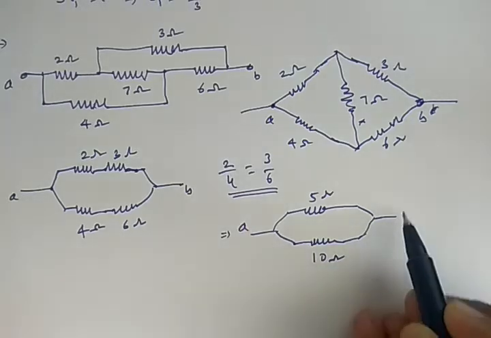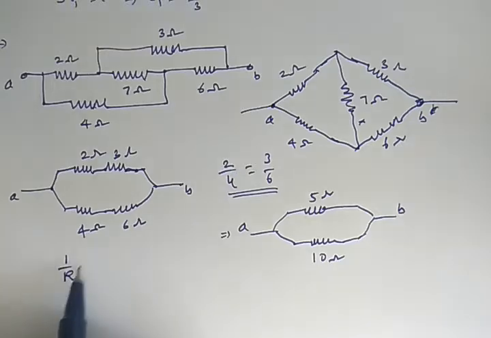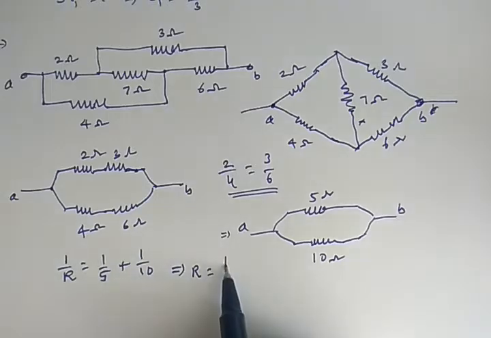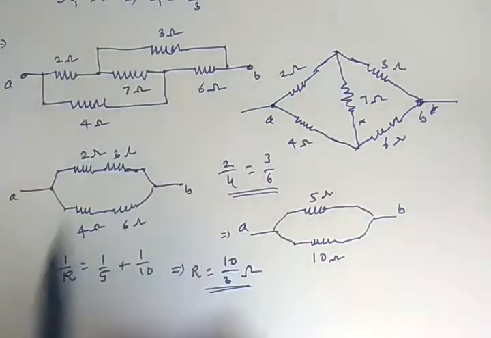So this is A, this is B. Now 5 and 10 are in parallel, so 1 by R equals 1 by 5 plus 1 by 10. That implies R equals 10 by 3 ohm. So this is the resistance of this circuit.